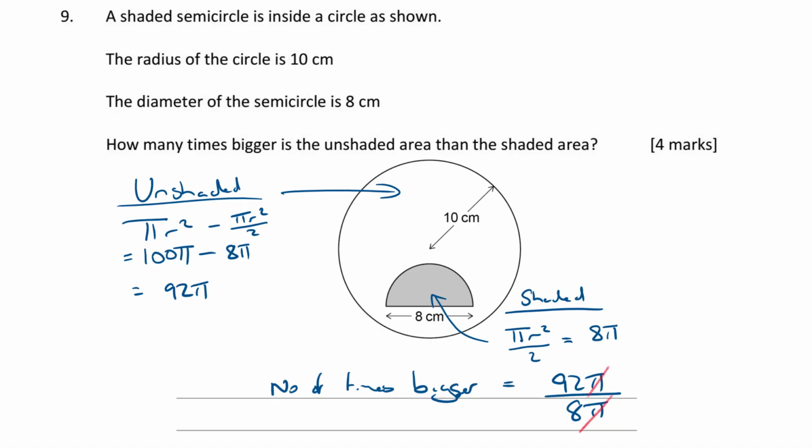That pi cancels with that one, and then I just need to divide 92 by 8. Okay, so 8s into 80 go 10 times, so 11 8s are 88, so it's 11, remainder 4, 11 and 4 eighths, which is 11.5, isn't it, 11 and a half. Okay, so it is 11 and a half times bigger.